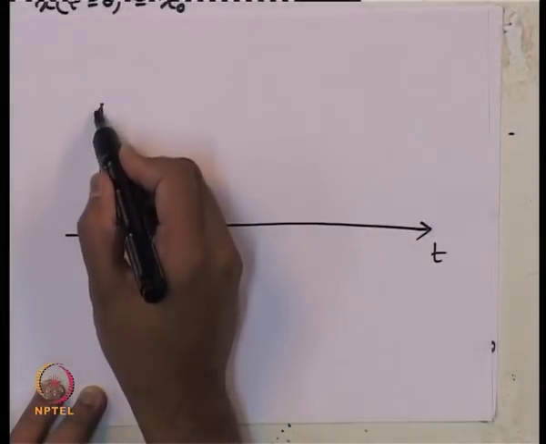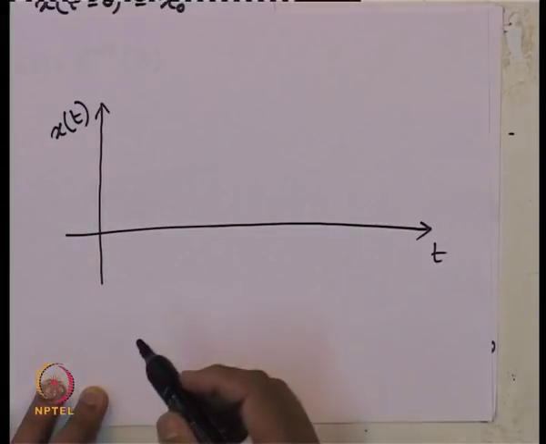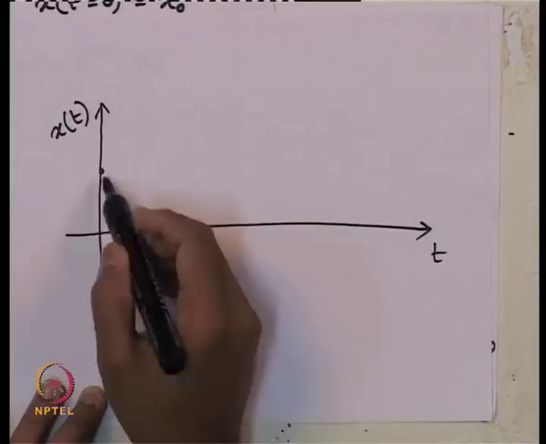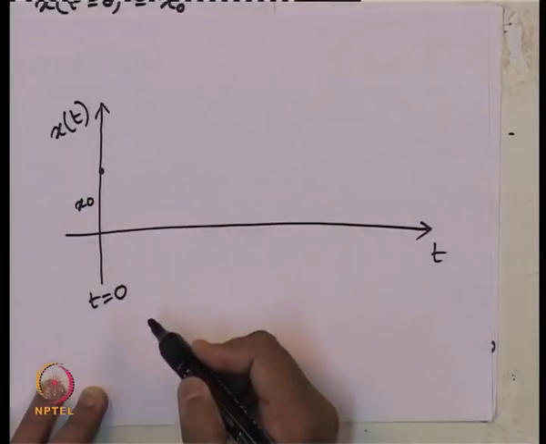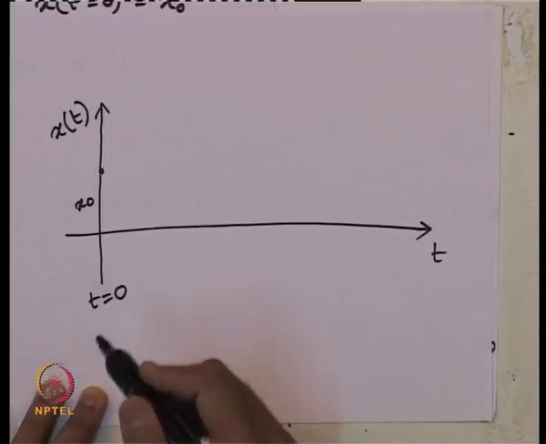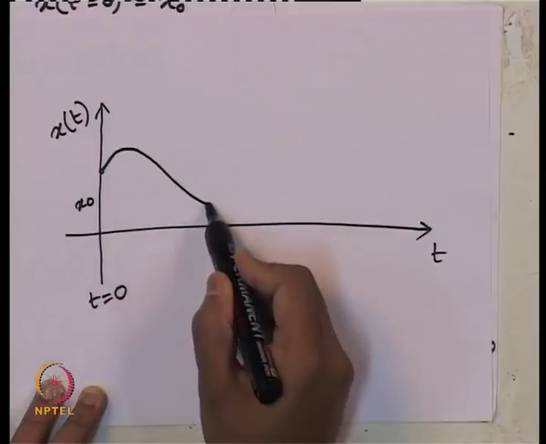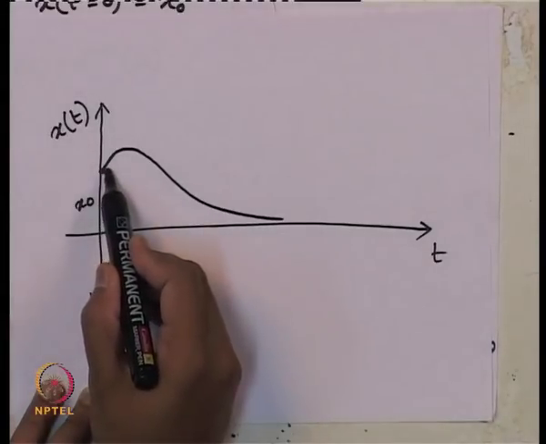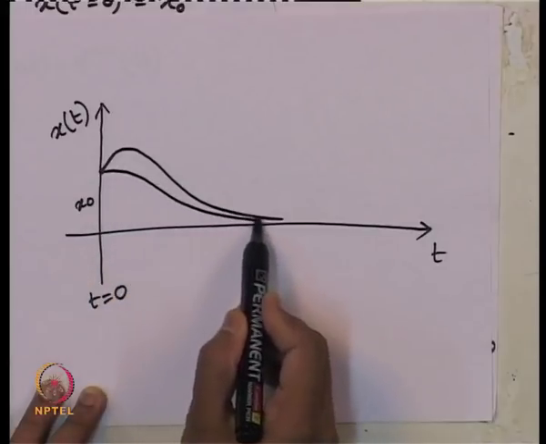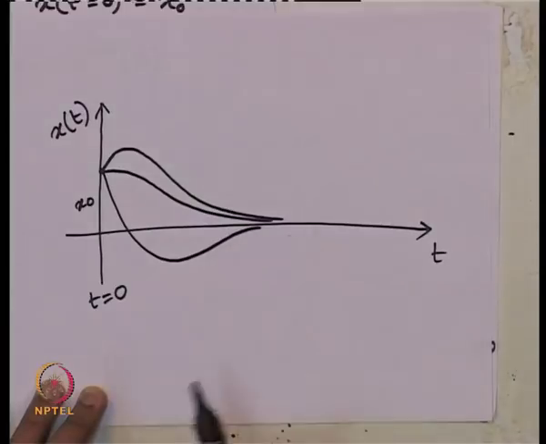With increase in t, if we want to plot x of t, it will start from some point here at t equals to 0, depending on its initial displacement x naught. It can be either like this, or like this, or like this.